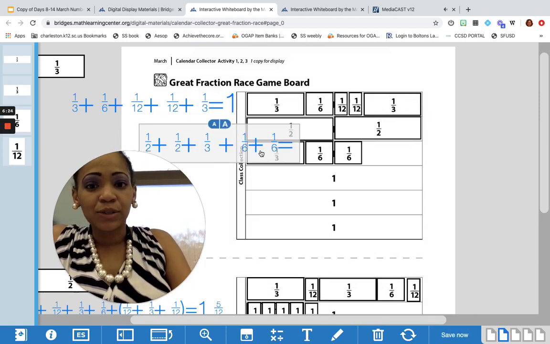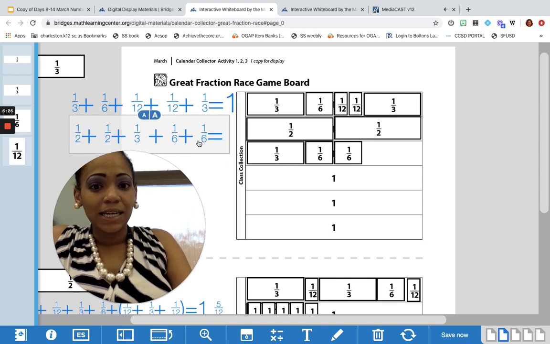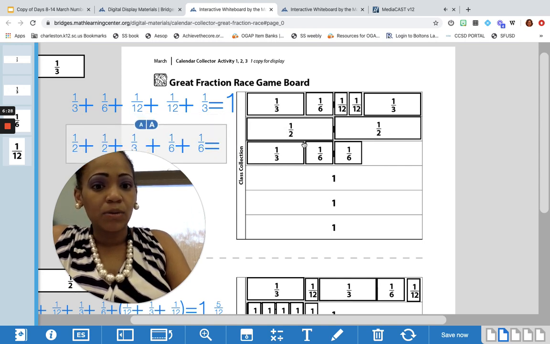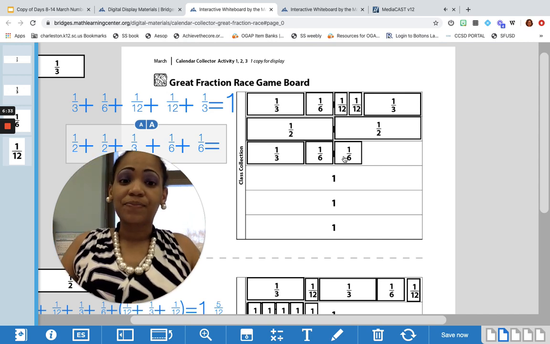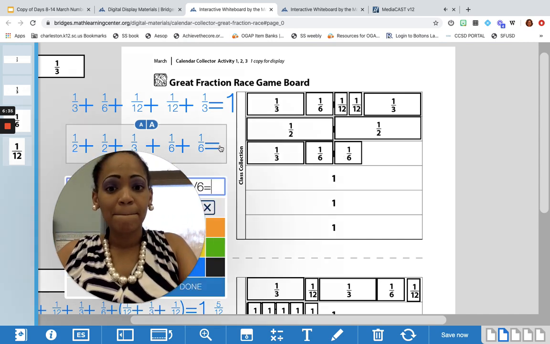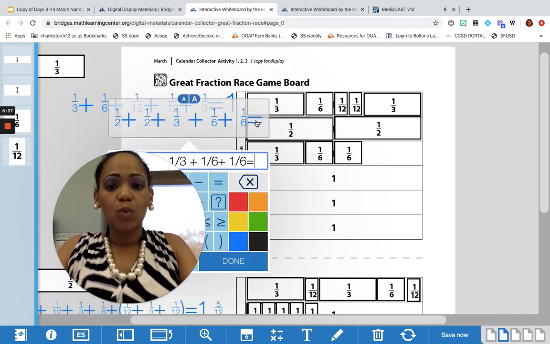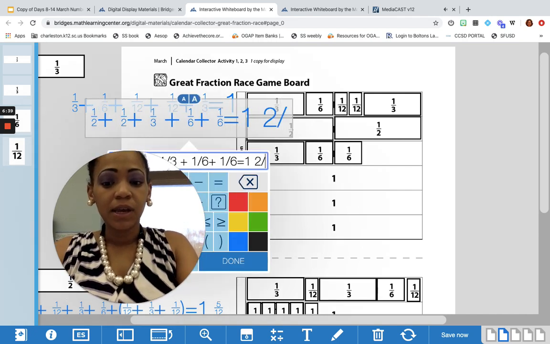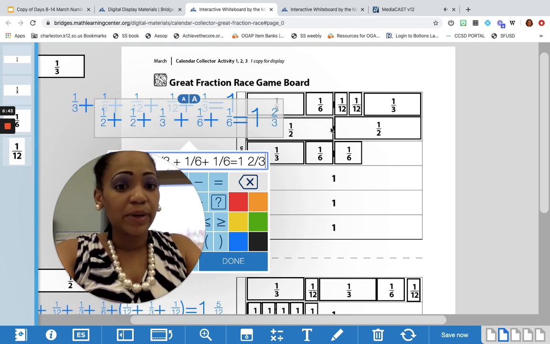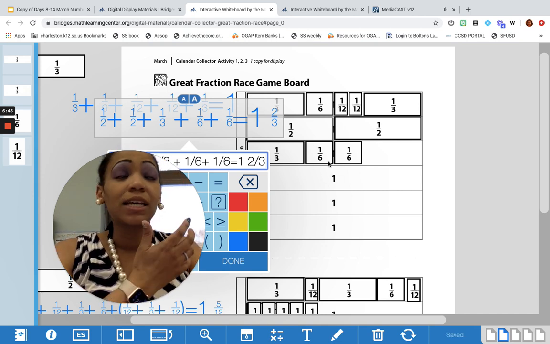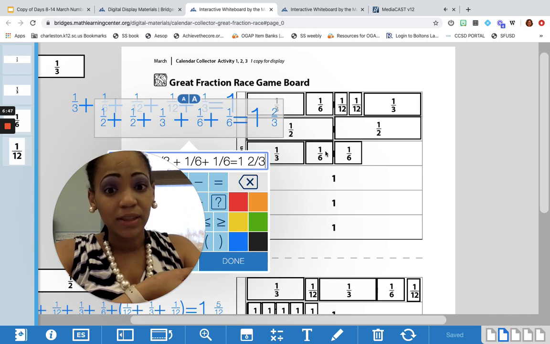For you guys, you can easily see that we filled up a hole and then we filled up another fraction of a hole, which would be 1 and 2/3. I can say 1 and 2/3 because remember we talked about 2/6 is equivalent, or the same, as 1/3.